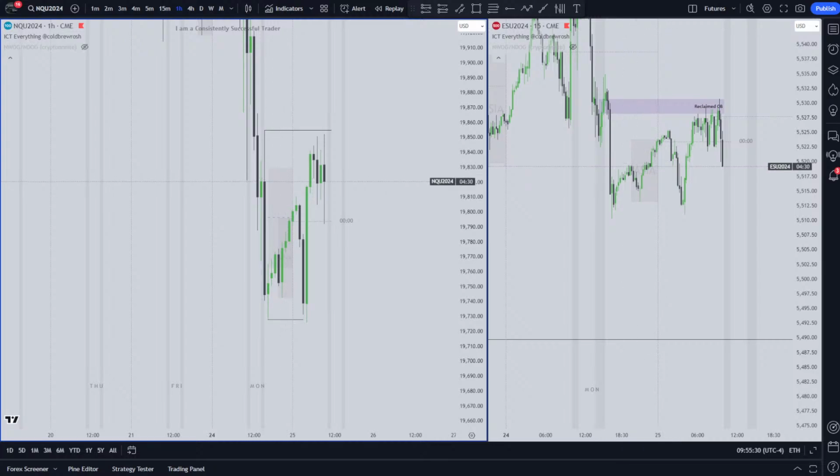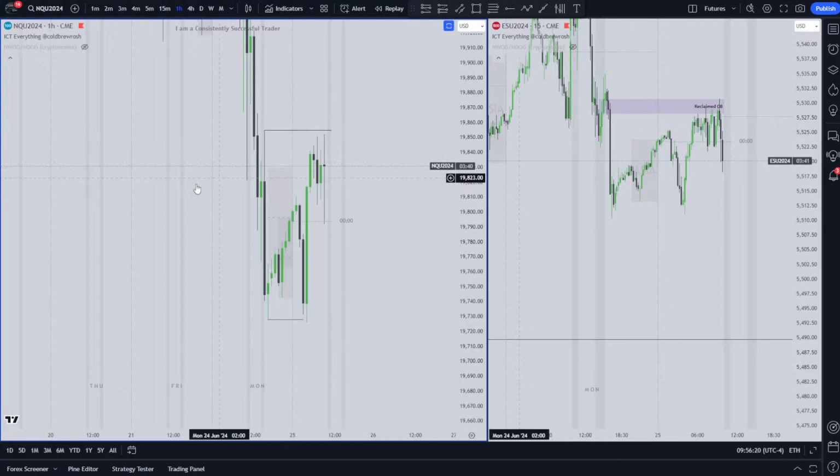What would you call that? Like a scaling. So it swept the low.